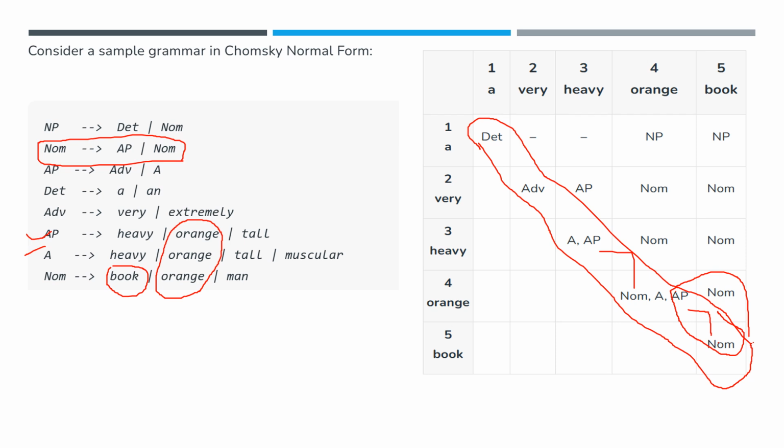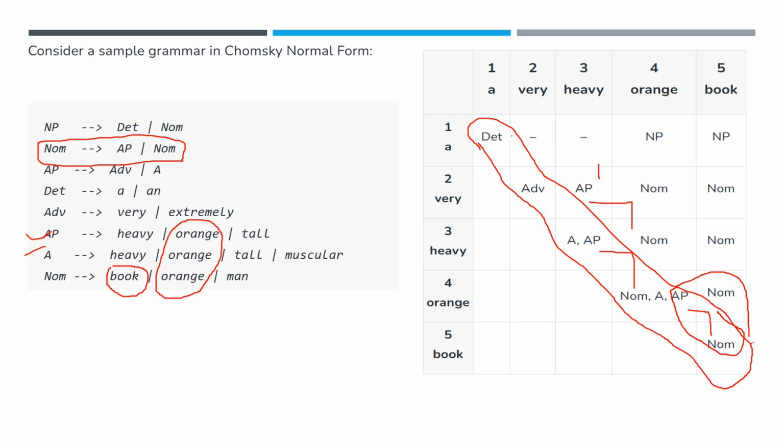AP and nominal, there's a rule. Then combining AP and nominal again gives a nominal here.